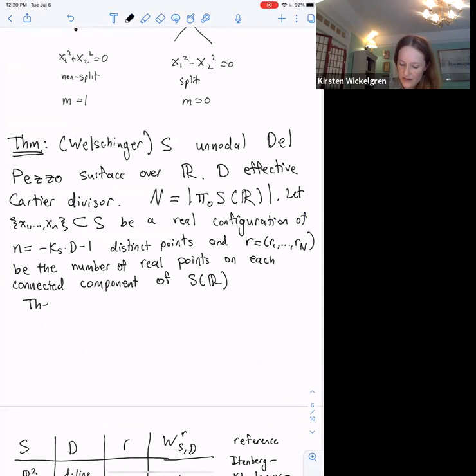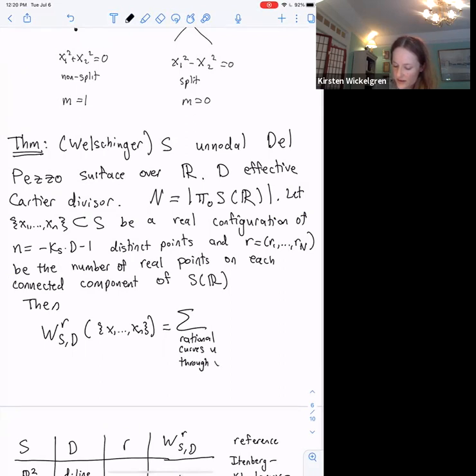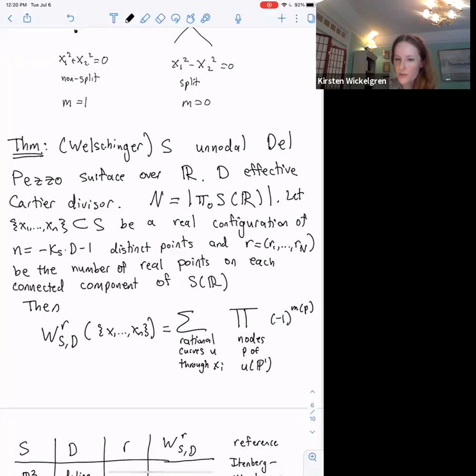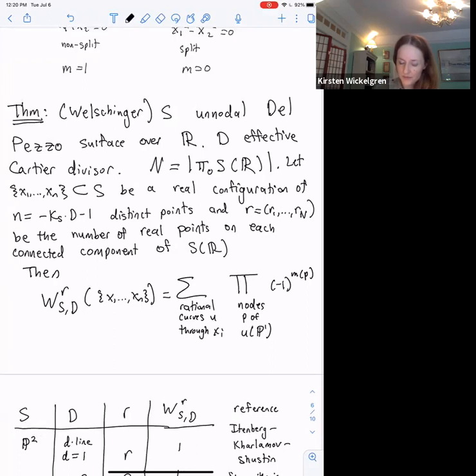So then Welschinger W of R, S, D, x1 through xn, is the count of the rational curves u through the points xi, of the weight corresponding to each curve. So the weight is going to be a product over the nodes p of u of these masses. And this actually doesn't depend on the generic choice of x1 through xn.